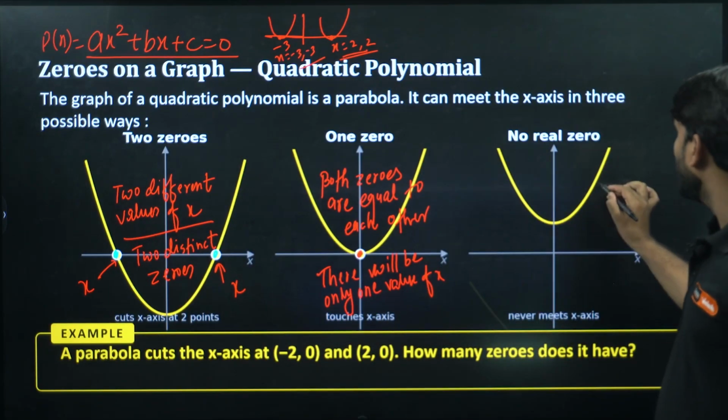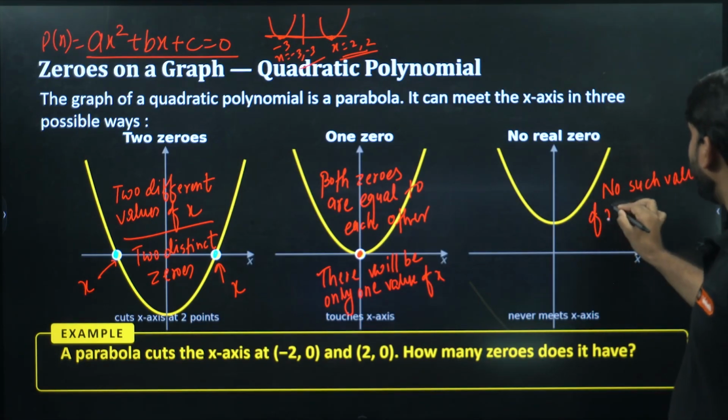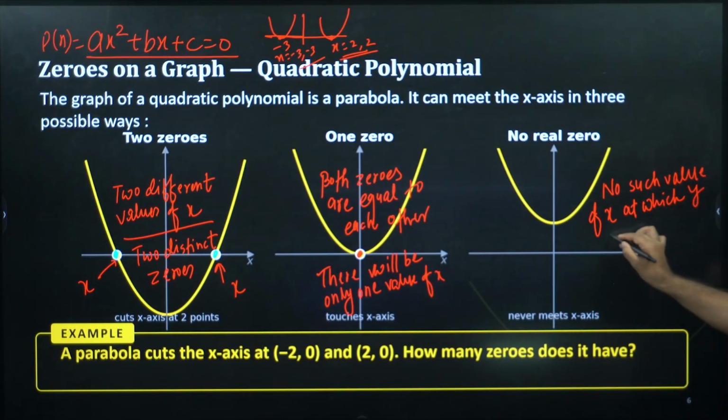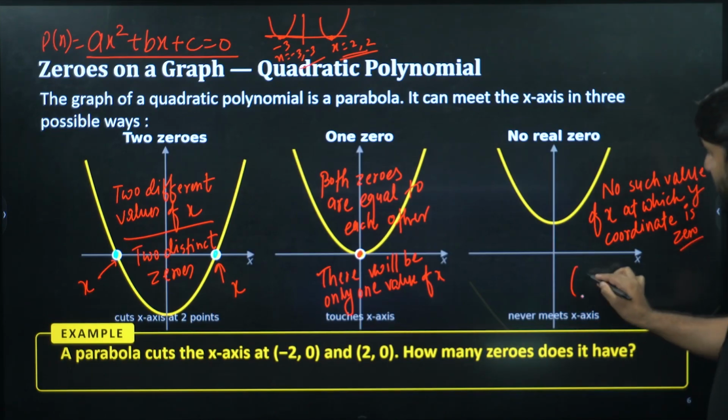So there will be no such value of x at which the y coordinate is 0. There is no such value of x. It implies that there are no zeros.